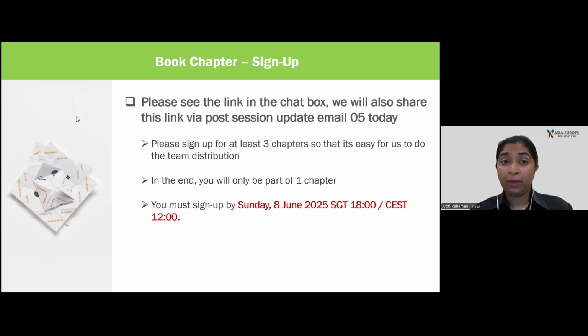We have about 50 plus fellows, which means we are aiming for about 12 to 13 book chapters. Those of you, if your book chapter is not selected, don't be disappointed. It means that it's either merged or you are allocated to a team where you can still achieve the goal that you set for this journey.